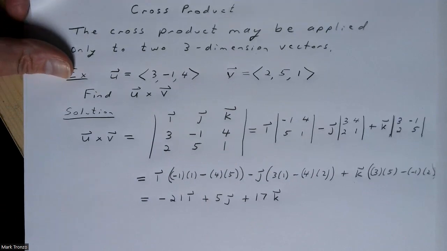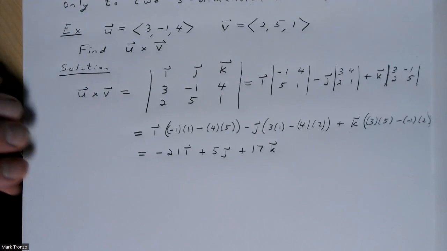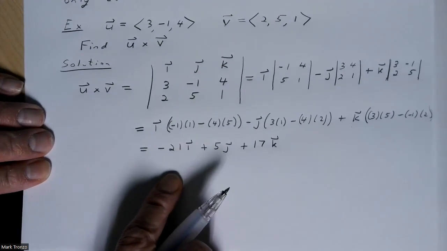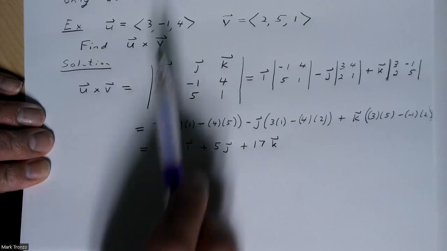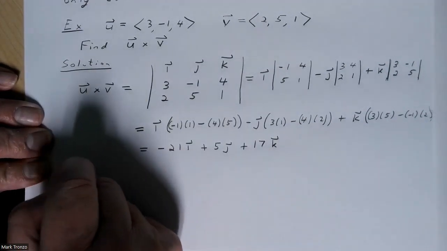Now, a very important property of the cross product is that it will produce a vector that is perpendicular to each of the vectors that were inputted. So let me write that down.